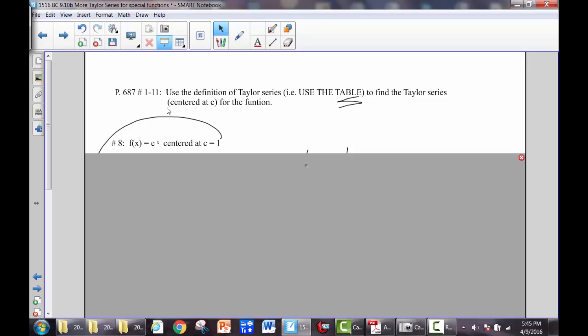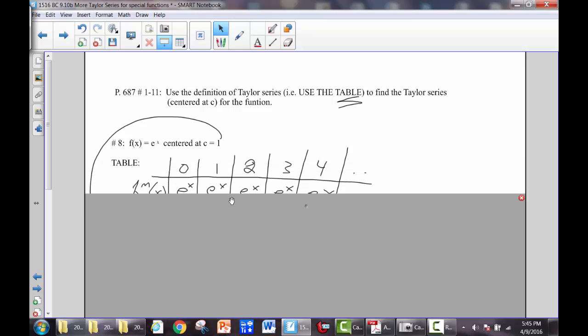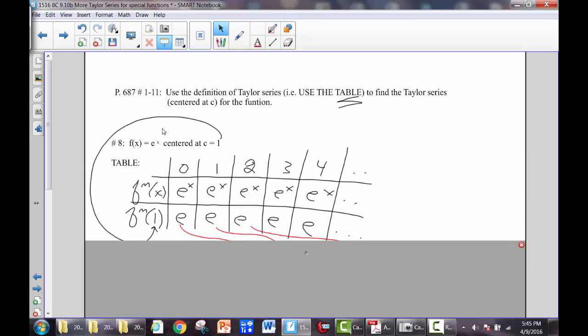All right, page 687, numbers 1 through 11: use the definition of Taylor series, or for now you could use this table, or if you've memorized them, to find the Taylor series centered at c for the function. So this one you have to use the table. Although you know the formula for e to the x, you only know it for near 0. This is near 1, so you actually are going to use the table here.